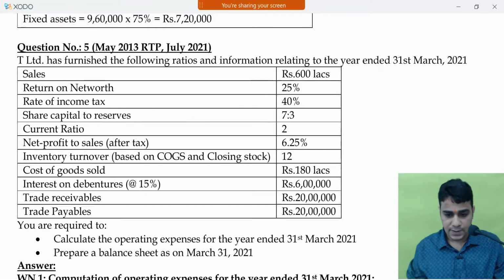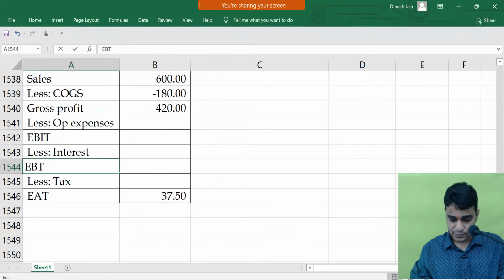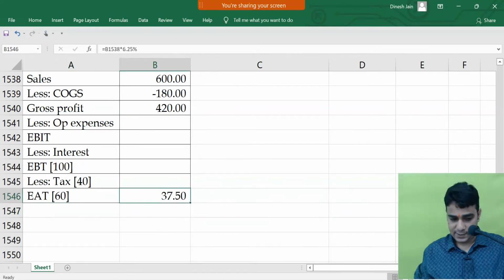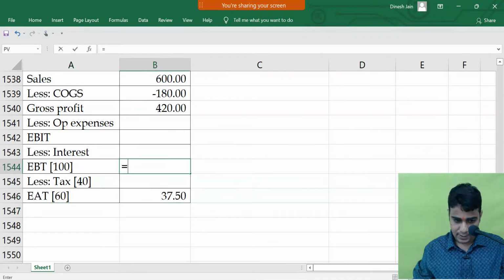Tax rate given in the question is 40. So this is 100, tax is 40 and EAT is 60. EAT is 60, so I gross this up and get to the EBT number, 62.5.